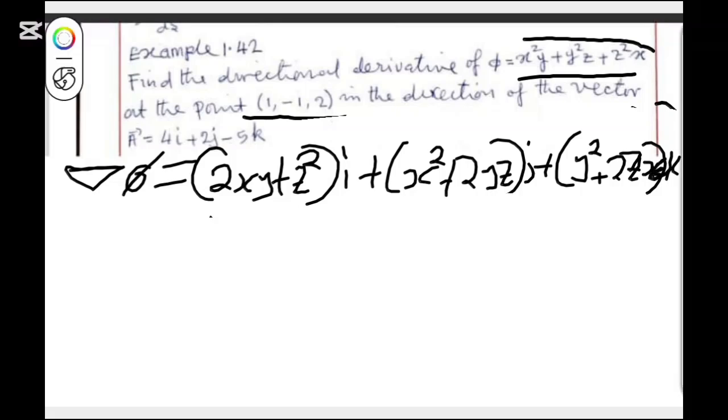So therefore, if I put the point 1, -1 and 2, don't forget this is x, this is y, and this is z.